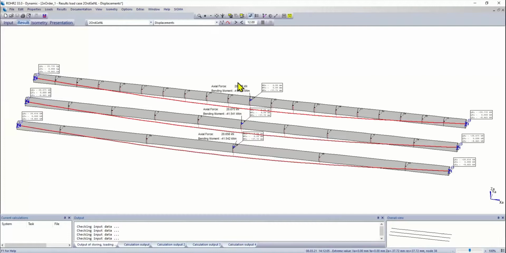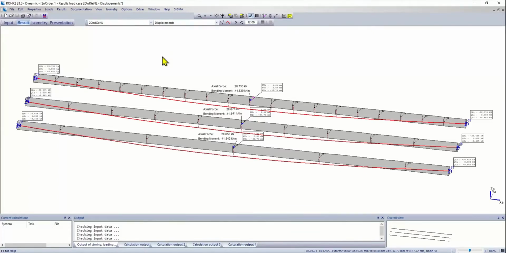And these 20 kilonewtons will result in second order theory to give reaction forces upwards, and these will reduce the deflection from 38 to 37.7 millimeters. So there is a tiny little change in deflection due to the second order.